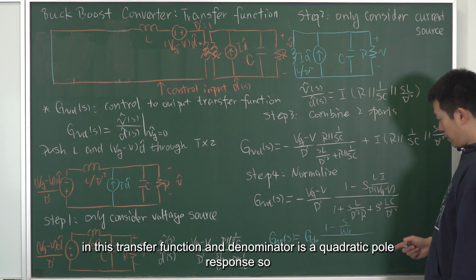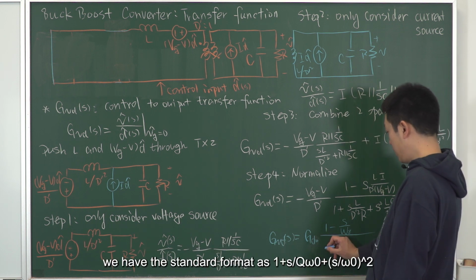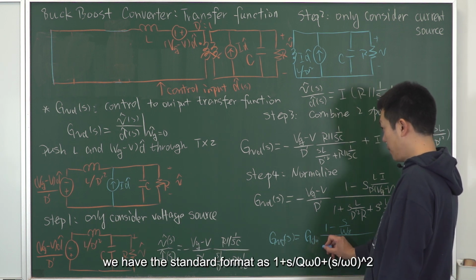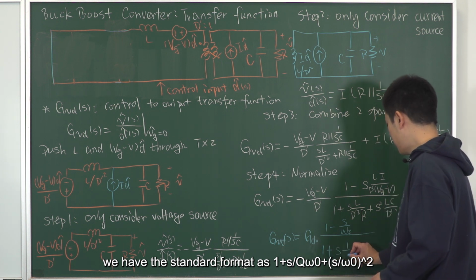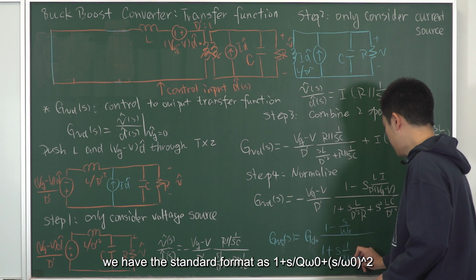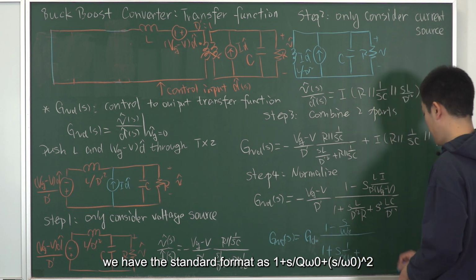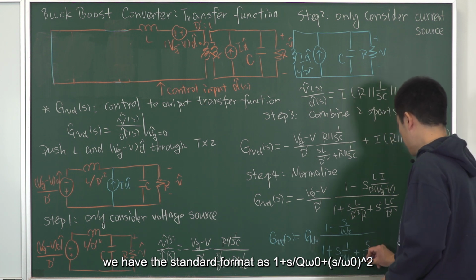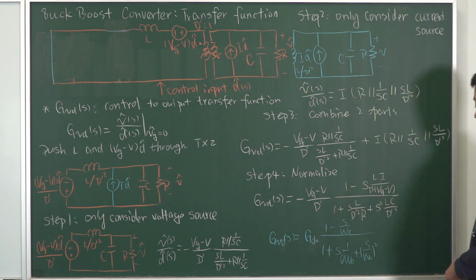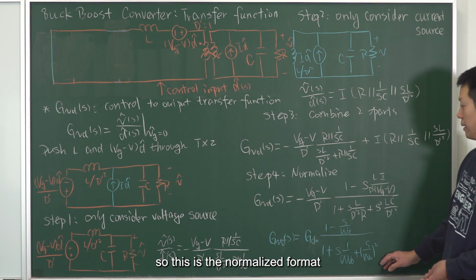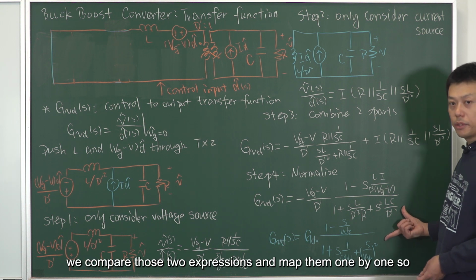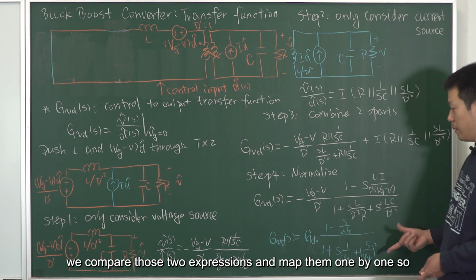And the denominator is a quadratic pole response. So we have the standard format as 1 plus S divided by Q omega 0 plus S over omega 0 squared. So this is the normalized format. We compare those two expressions and map them one by one.